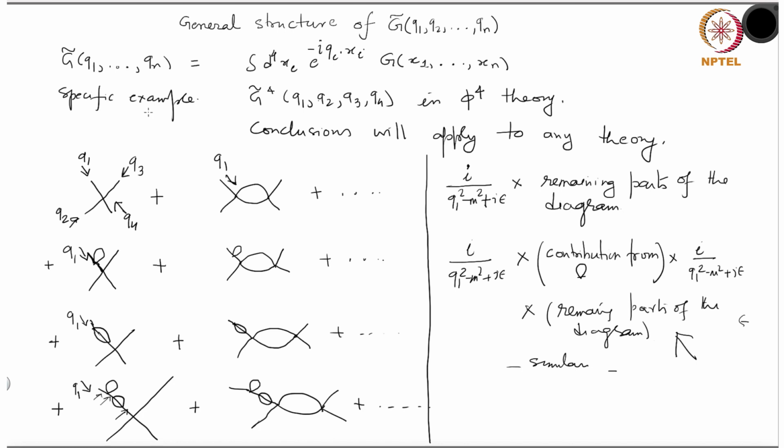So, you can see that the general structure that you are going to get is of the following form. So, this is my G tilde(q1, q2, q3, q4), the 4-point function.